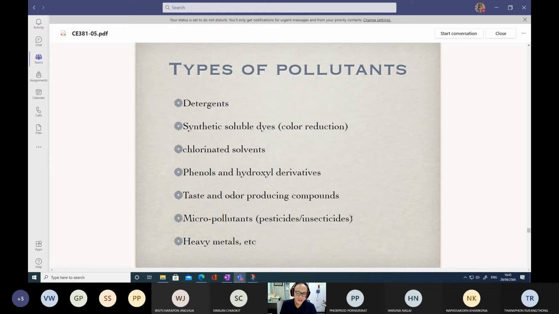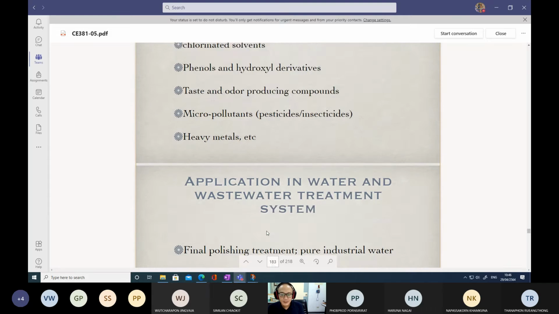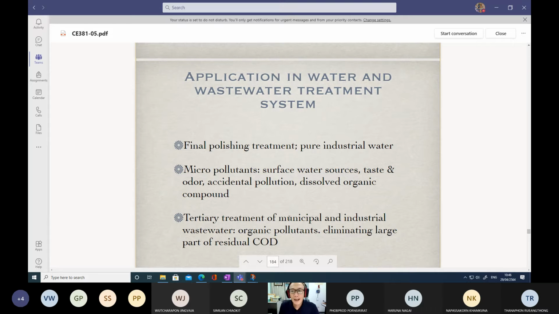So only this process can make that possible. Heavy metals also can be removed by using both adsorption and ion exchange. Mostly we apply adsorption in both water and wastewater treatment systems.